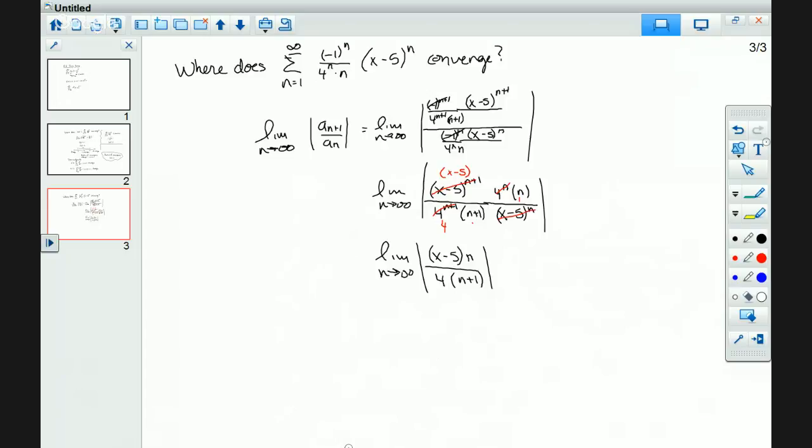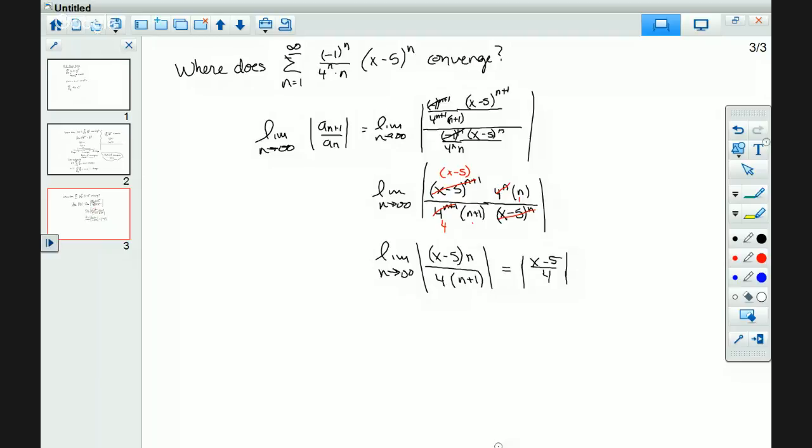Yeah, so those become 1, and the answer is x minus 5 over 4. But it's, again, 2 bars. You got that, how we did that limit there?